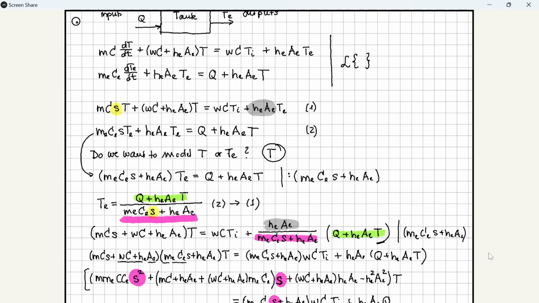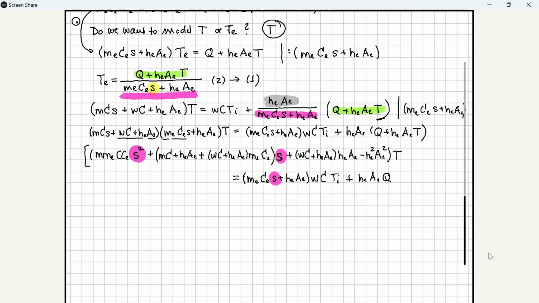Okay, this is all becoming very cumbersome. So let's try and get some simplification here. So what do we end up with?